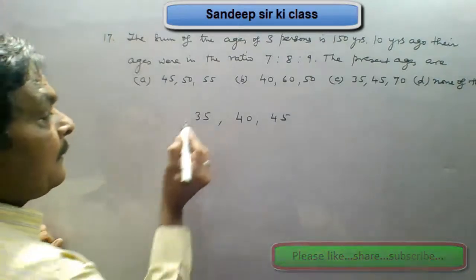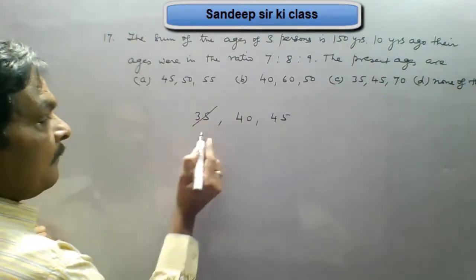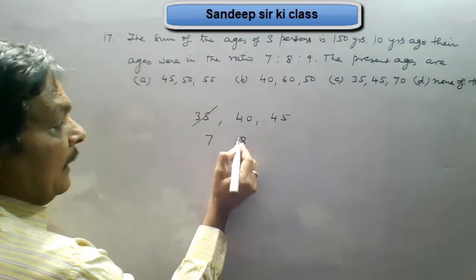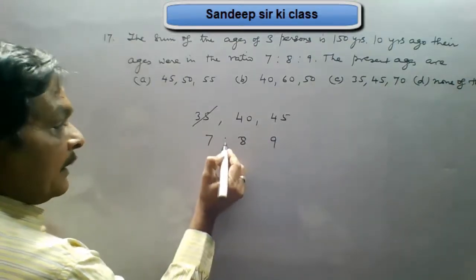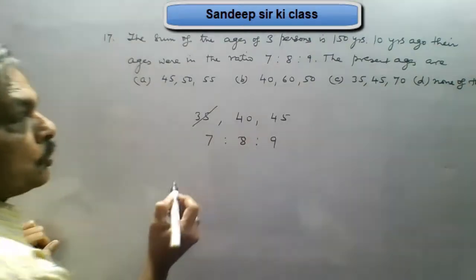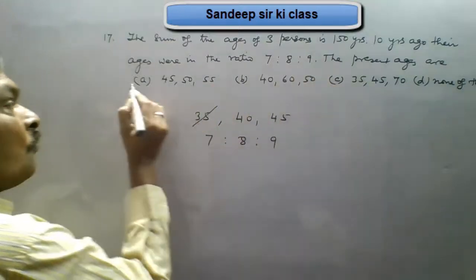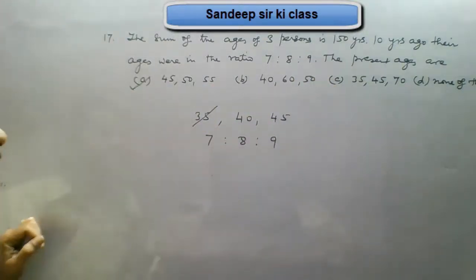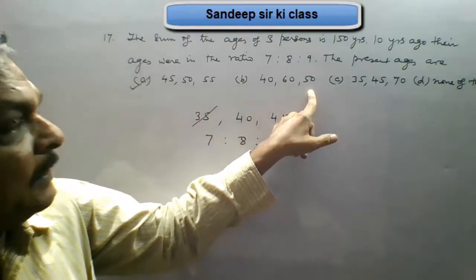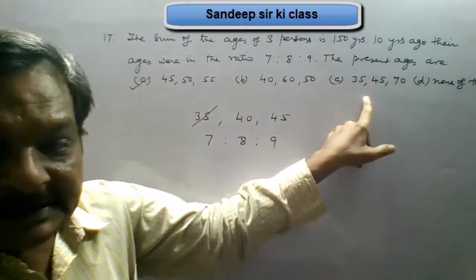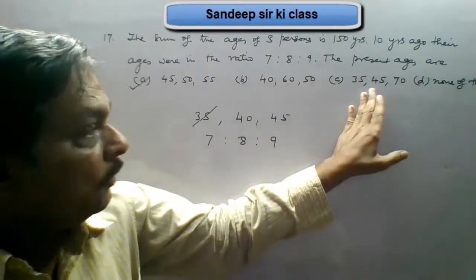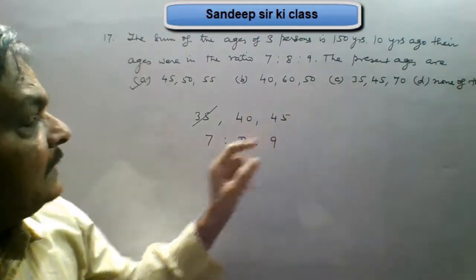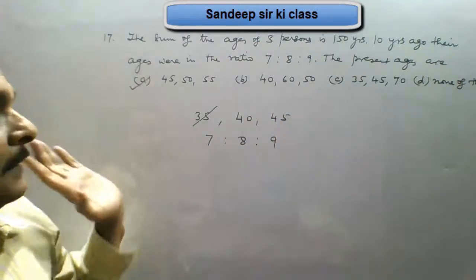Divide each term by 5, we get 7, 8, 9, and the ratio is 7:8:9, which is correct. So option A is correct. If we apply the same condition in options B and C, it will not be correct, it will be wrong, and hence our option A is correct.